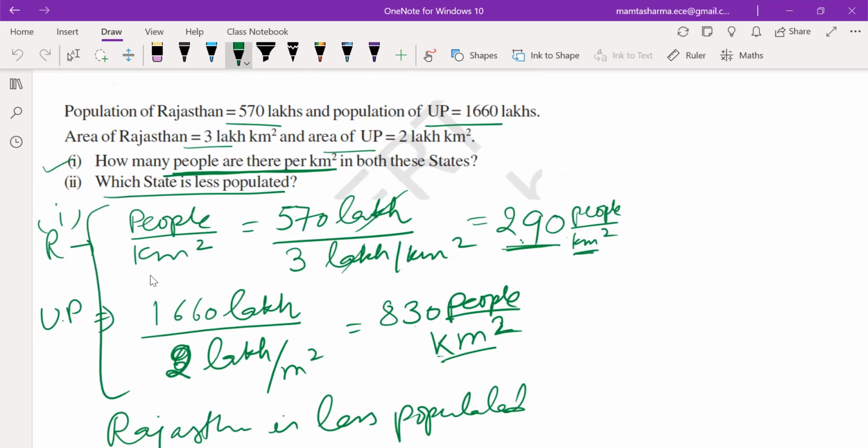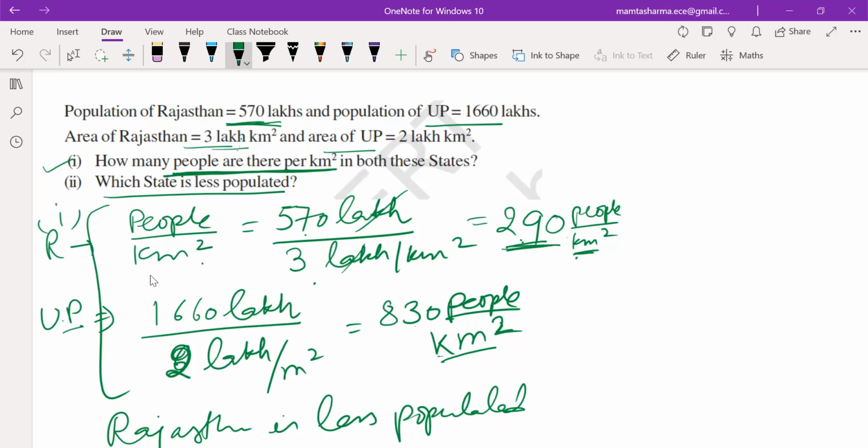Now listen. How many people are there per kilometer square? There are 570 lakh people, and the area of Rajasthan is 3 lakh. Take the ratio, people per kilometer square. After solving, you will get 290 people per kilometer square.